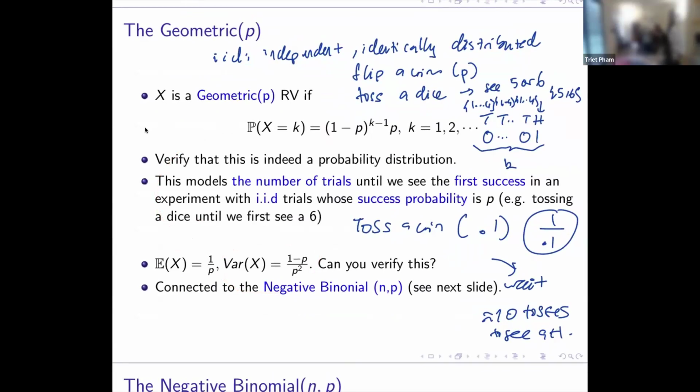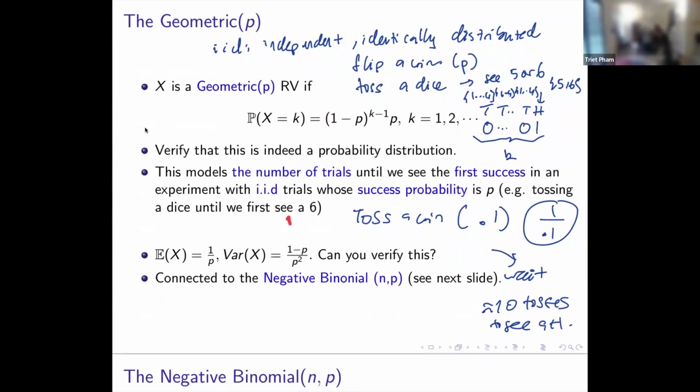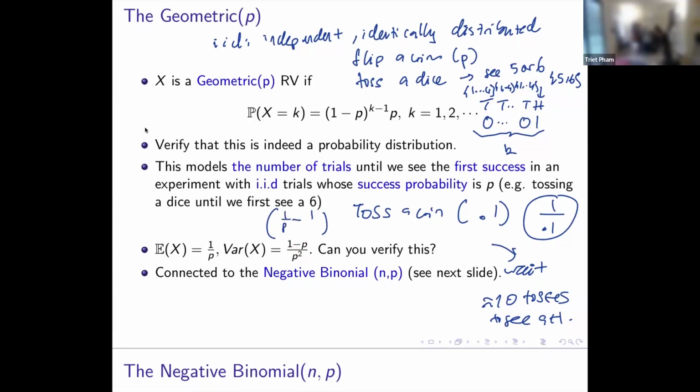Not sure if the pattern is that meaningful, but it's a way you can memorize. The variance is 1 over p squared minus 1 over p. So it may or may not be helpful, but we won't derive this because the analytical derivation is even more complex.